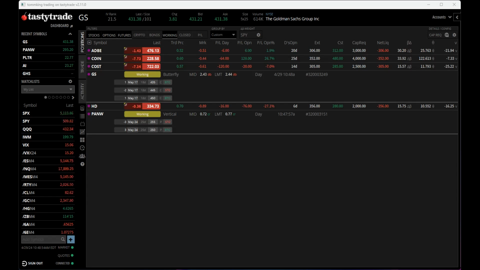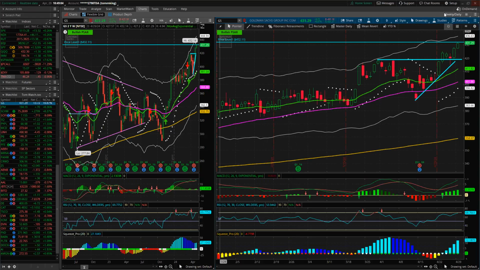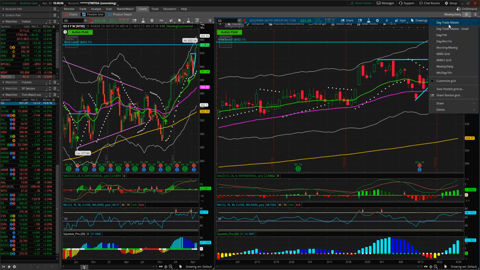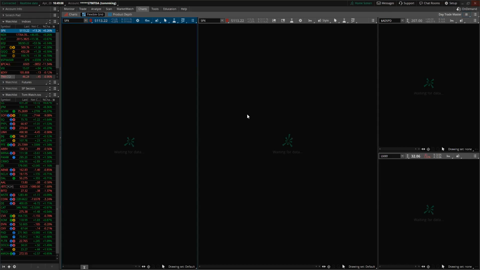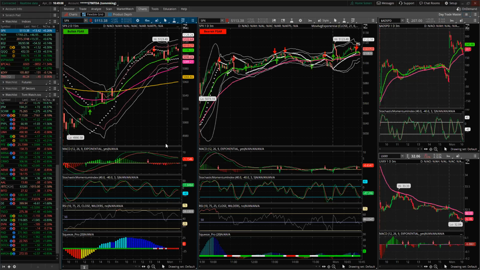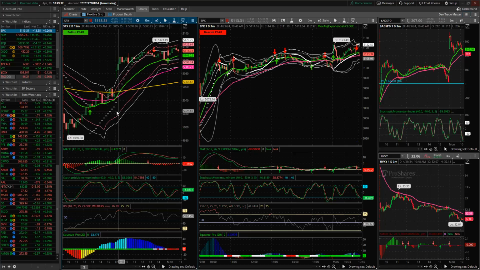All right, let's just take a quick look at zero DTE trading. And where would we go on zero DTE? All right, so I do have a different chart setup for zero DTE. I'm going to be looking at SPX.